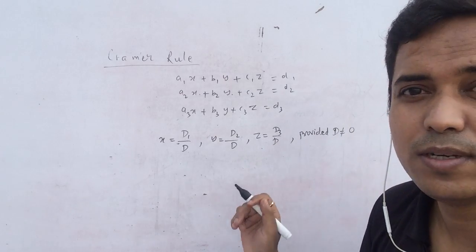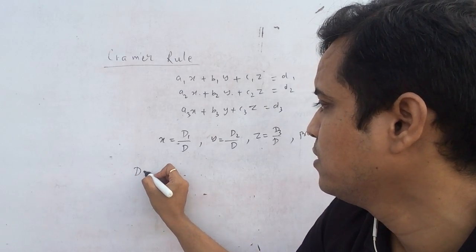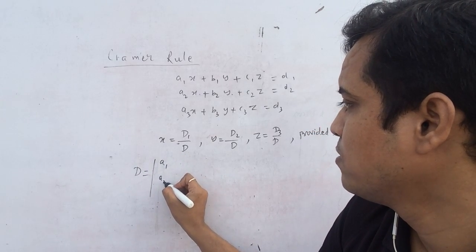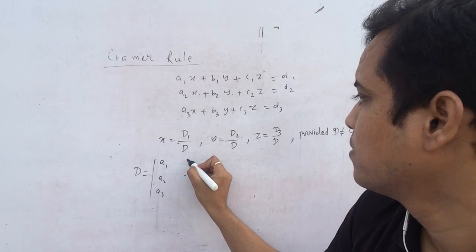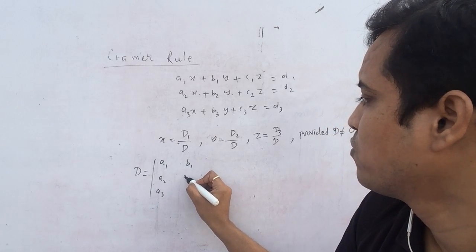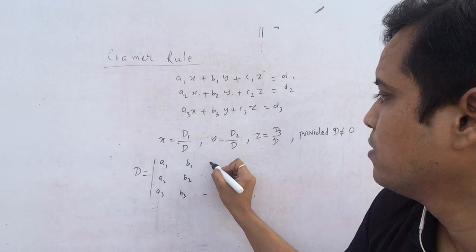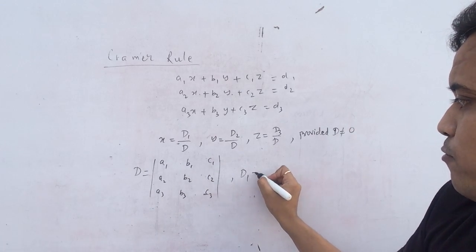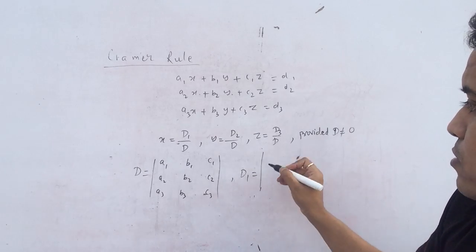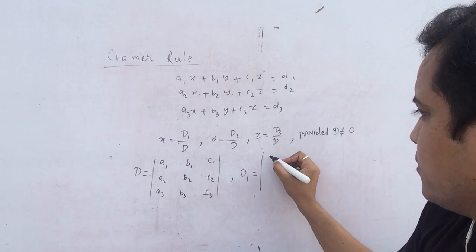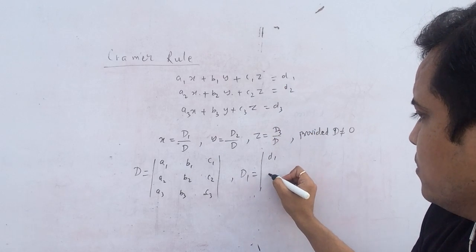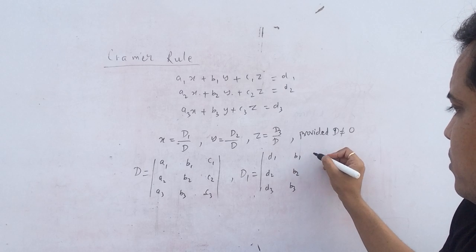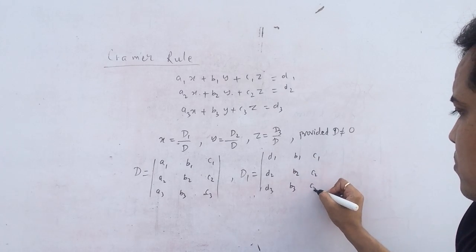Alright, what are D1, D2? Again the question is, what is D? D is the determinant, with the coefficients of x, a1, a2, a3, in the first column, the coefficients of y, b1, b2, b3, in the second column, and the coefficients of z, c1, c2, c3, in the third. For D1, replace the first column with the constants d1, d2, d3, keeping b1, b2, b3 and c1, c2, c3.